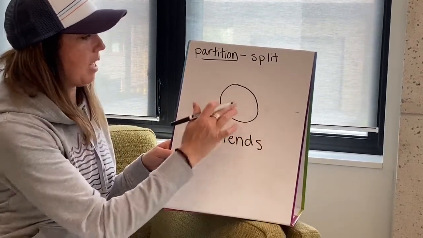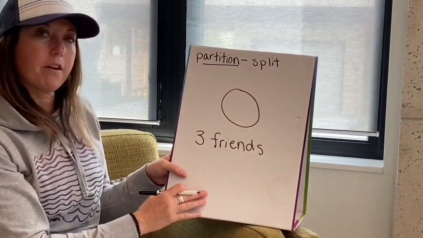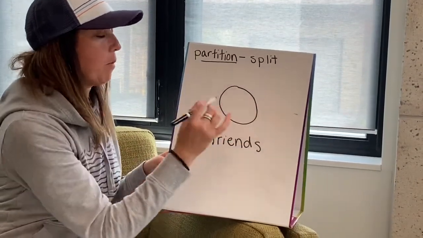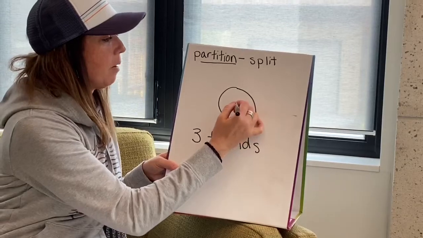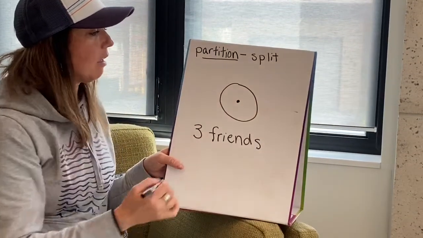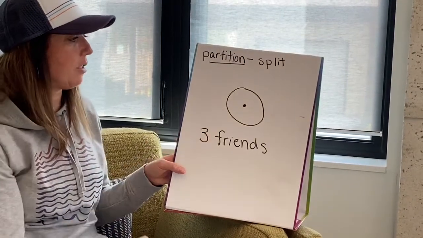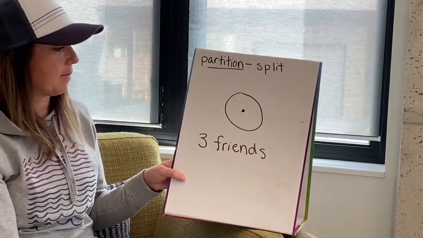Remember, when we are looking at circles for fractions, putting a dot in the center can give us a starting point of how we can break that into 3 equal pieces.